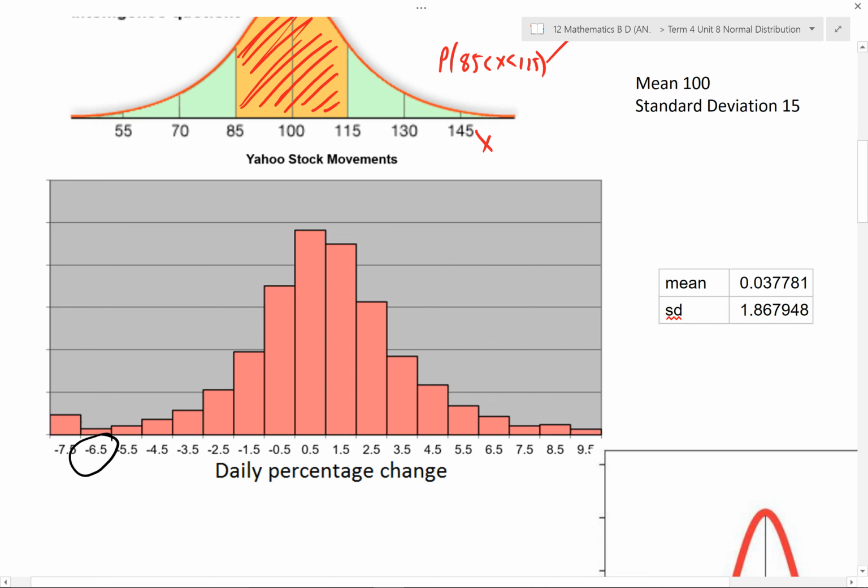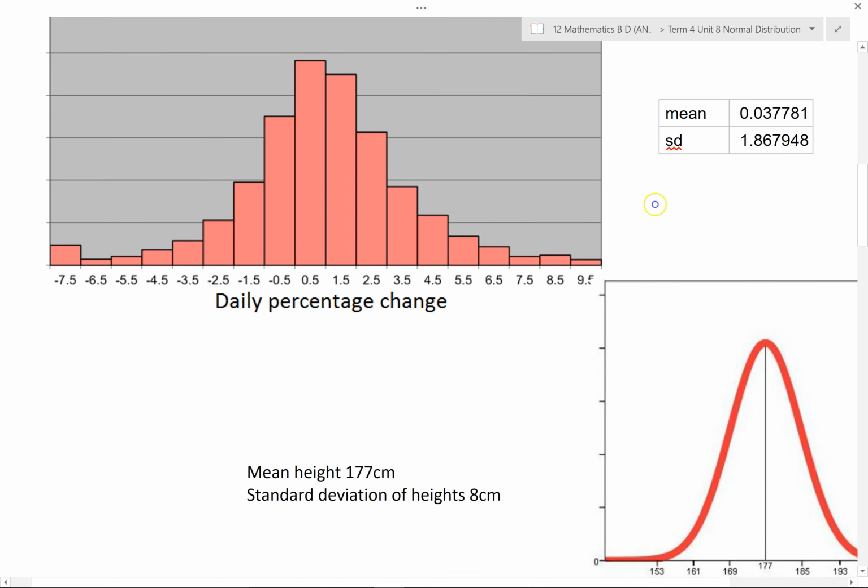On some days, it's gone down 6.5%. But generally, it's going plus or minus 1% or 2%. The daily percentage change has a mean of 0.037 and a standard deviation of 1.86. Standard deviation is a measure of how spread out it is.